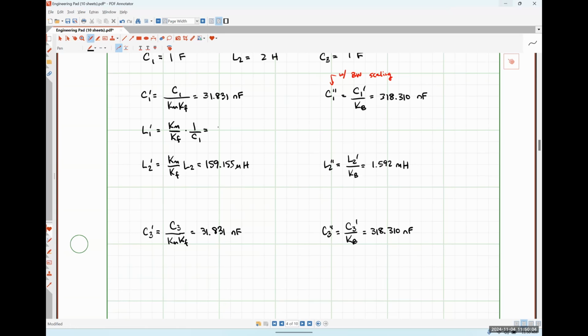So if we plug these values in, that's going to be 79.577 microhenries. Okay. So to get L1 double prime, so this is our inductance in parallel with the capacitance C1, what we're going to do now is we're going to do KB times L1 prime.